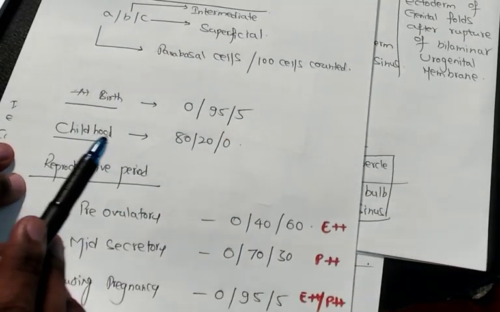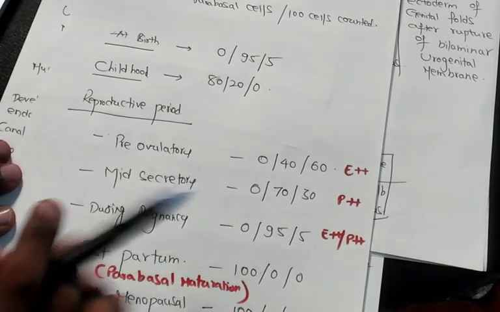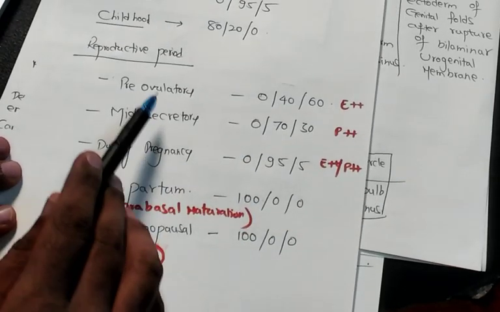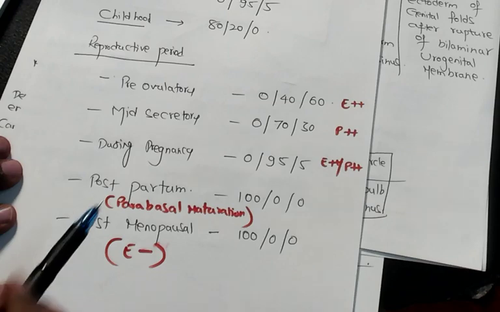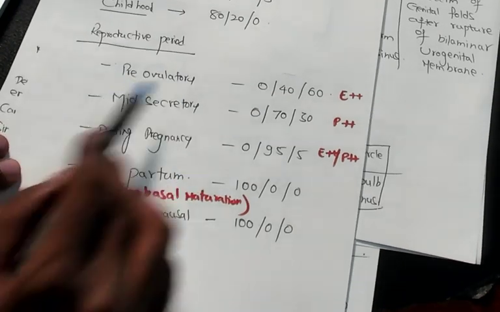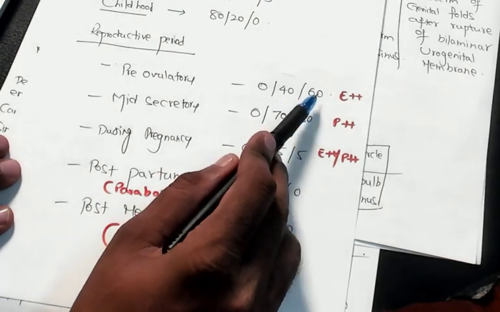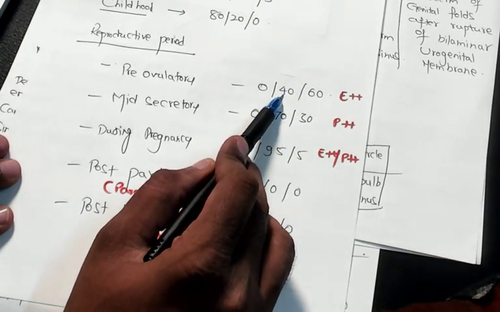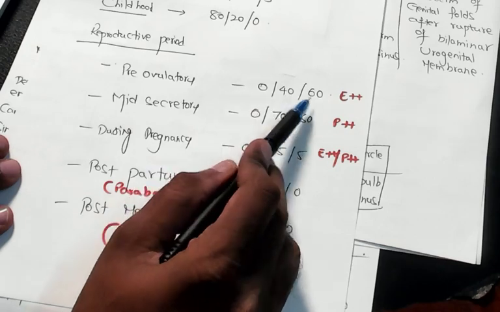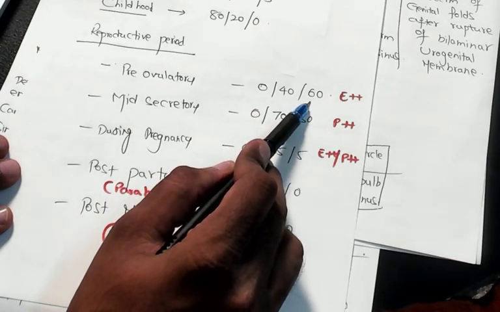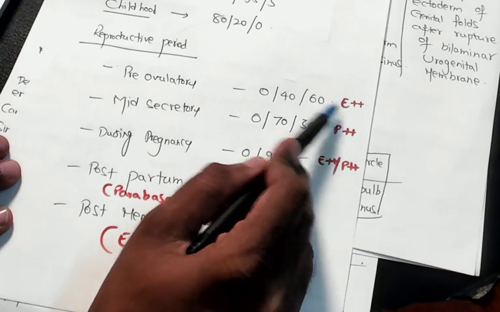20 is what? B. B means intermediate. Now, in the reproductive period, that is pre-ovulatory, it is 0 by 40 by 60. That means intermediate cells are 40, but superficial cells are 60 because they are estrogen dependent.